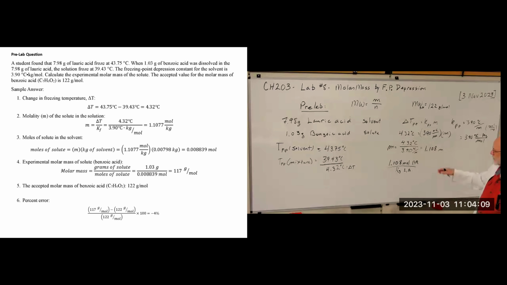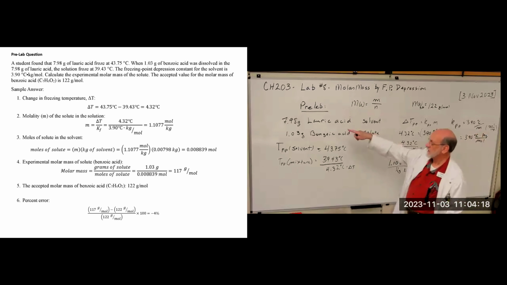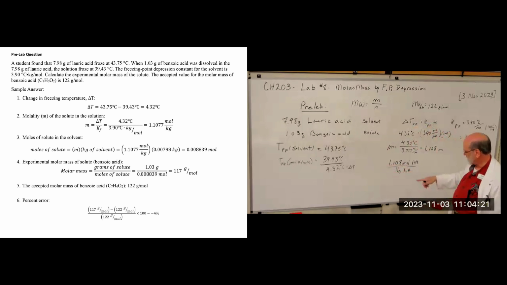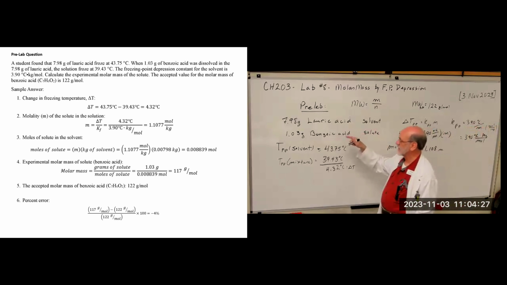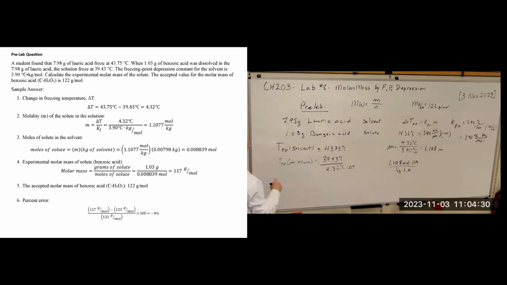All right. How are we going to find moles of benzoic acid? We just multiply it by the mass of the lauric acid, 7.98 grams. But that's kilograms, isn't it? All right, so we need kilograms of lauric acid. So how many kilograms is 7.98 grams? A kilo is 1,000. All right, so if the unit gets bigger, the number has to get smaller. We have to move 3 places this way. 1, 2, 3, here. 0.00798 kilograms.